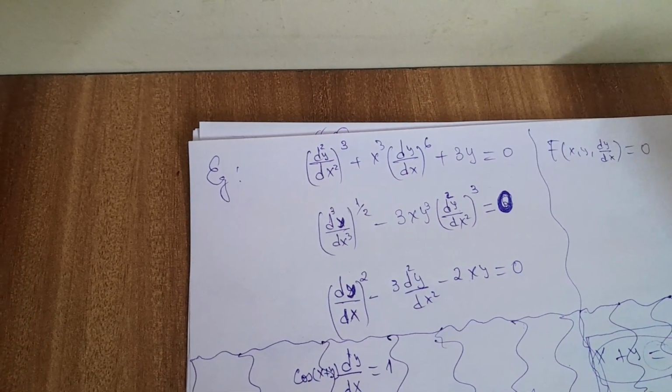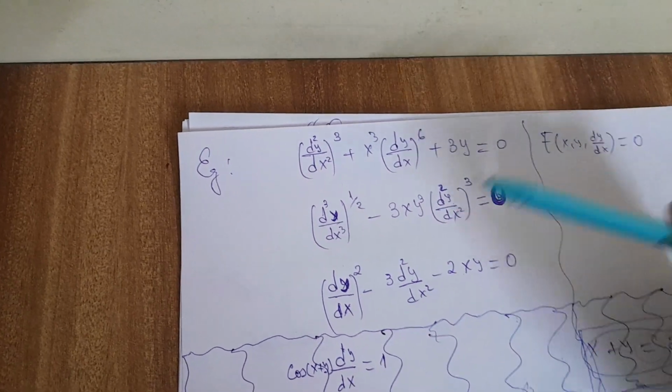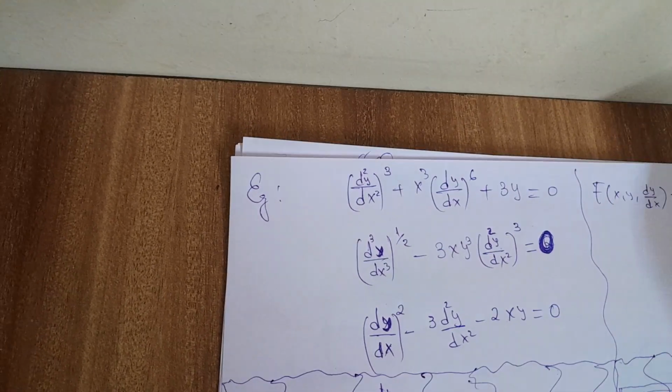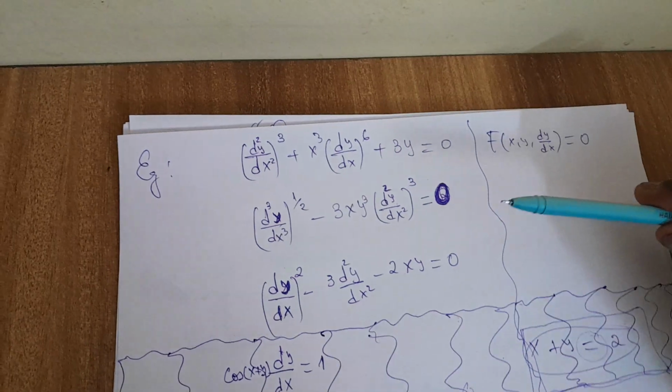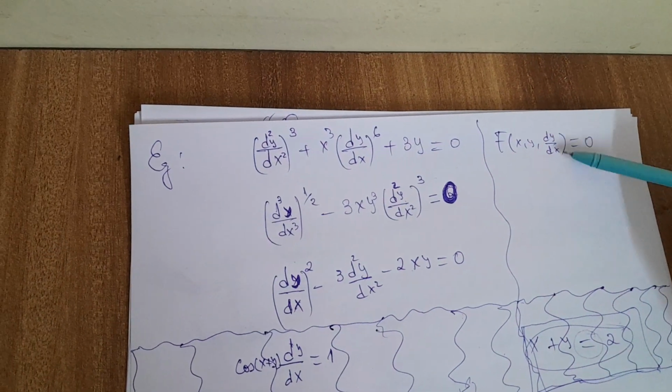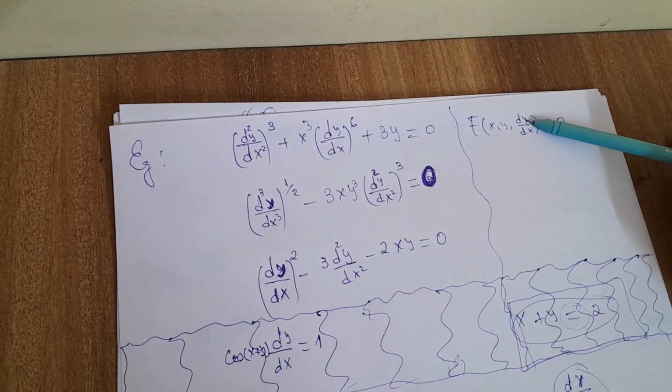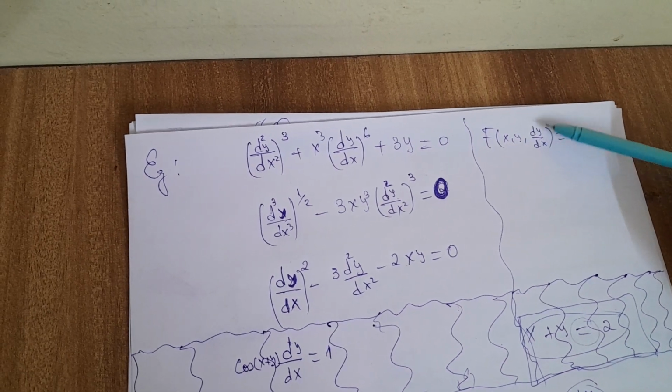To be an equation, there must be one unknown to be found. But for a differential equation, the unknown to be found is the derivative. Actually, that's why it is called a differential equation.